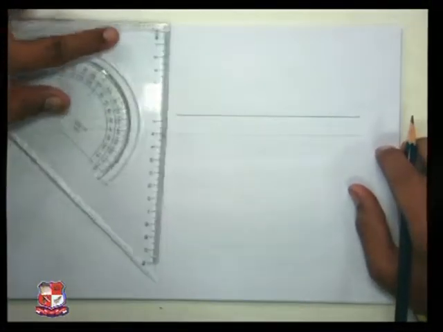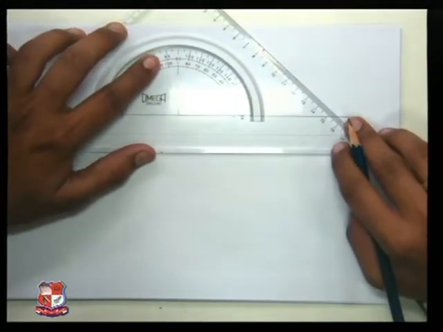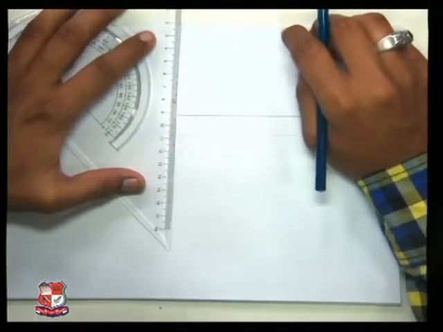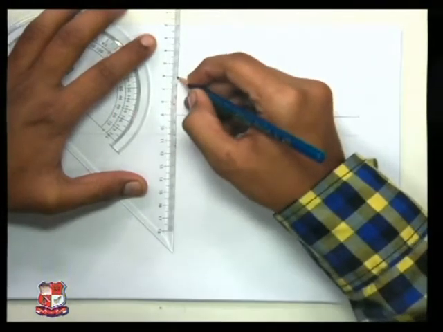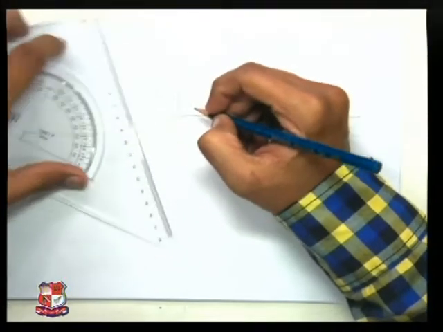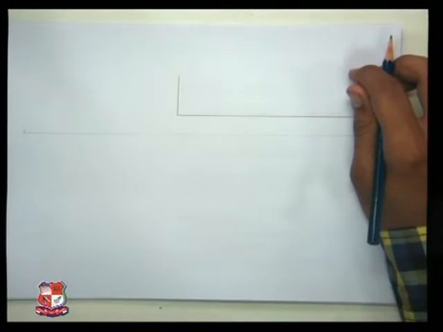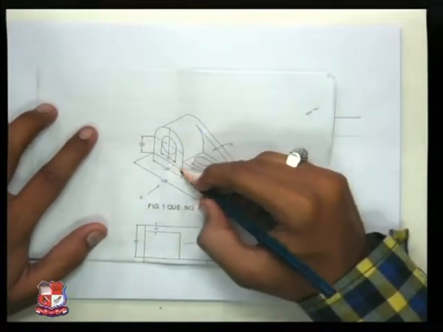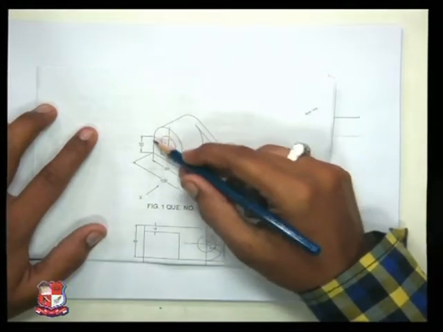Then perpendicular to this, you need to draw the line of 30 mm that you can see in the problem. As it has been clearly shown that the total distance is 60 mm, which means that this diameter is 60 mm.